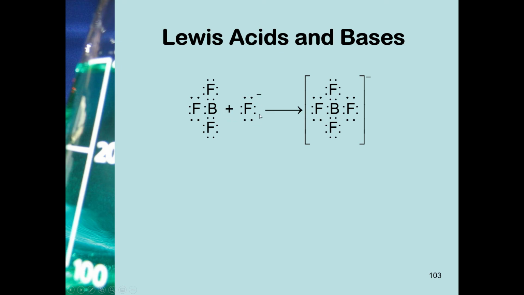This fluoride, I should say, not fluorine, fluoride has an extra electron from being attached to some other positive ion, and it's going to bring its electron pair right over, so boron will now have 8 around its central atom. So this substance over here accepted fluoride's electron pair, and in the process forms this negative polyatomic anion.